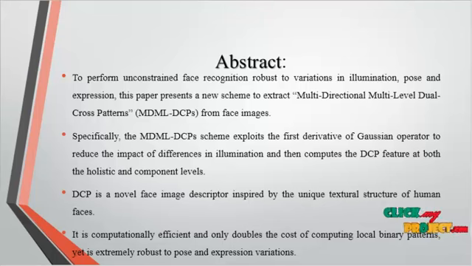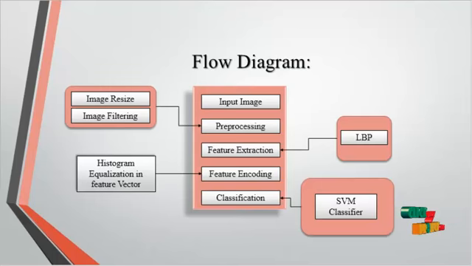It is computationally efficient and only doubles the cost, and the local binary pattern is extremely robust to pose and expression variations. Now we discuss the flow diagram for the process.